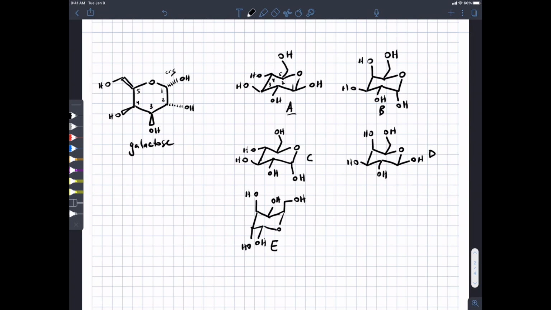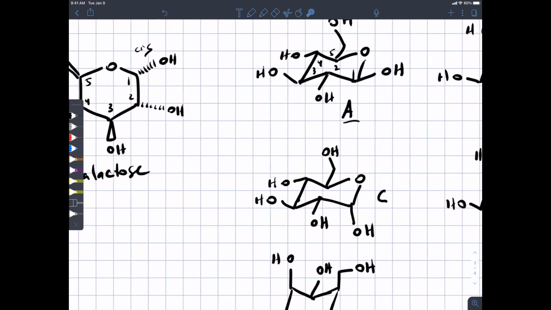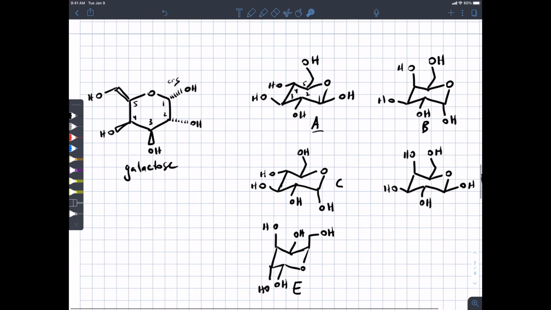That's one of the ways you can foil my evil plans, is to look for consistent relative relationships between OH groups. Notice, yes, the OH group on carbon 1 and carbon 2, they are both down. Therefore, they have to both be down in the chair conformation, and actually that one is up.